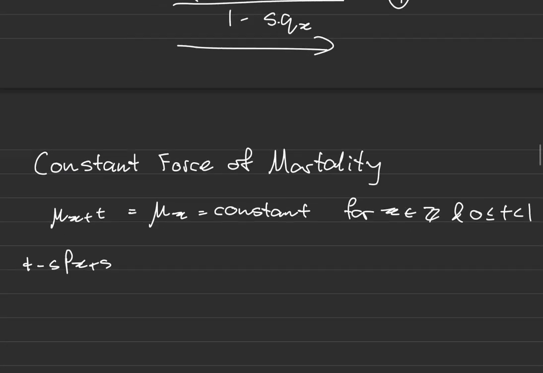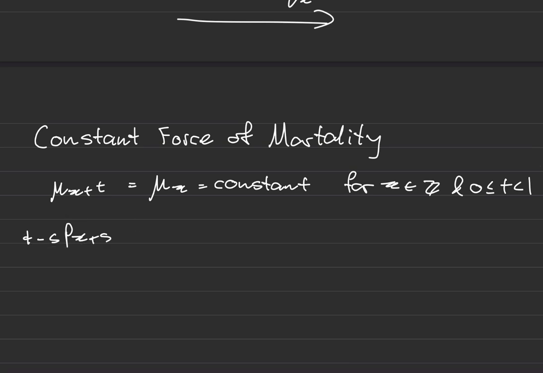So in this case here I'm going to do the survival probability, and this equals, if we remember our formula from the start, the exponent of negative the integral over the time that I'm concerned with, which is s to t, of mu of someone who's aged x plus r, dr. Okay, now since this mu x plus something is constant over this year of age, I don't actually have to write this as a function anymore.